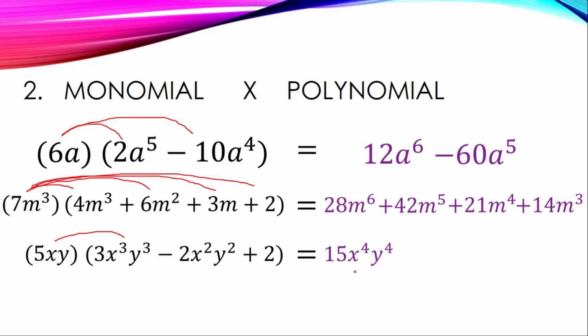So your answer is 15x raised to 4, y raised to 4. Then let's have the second one. We have negative 10x cubed y cubed. And then the last one, we have positive 10xy. Just apply your laws of exponents.